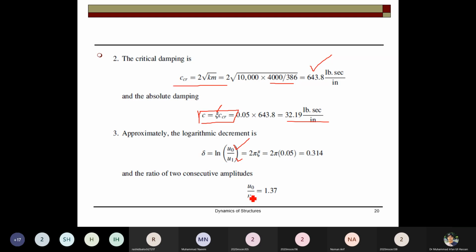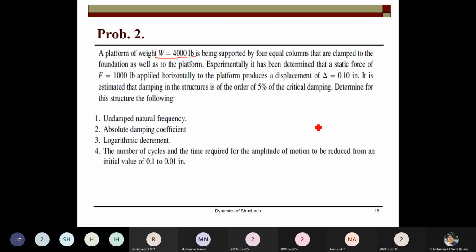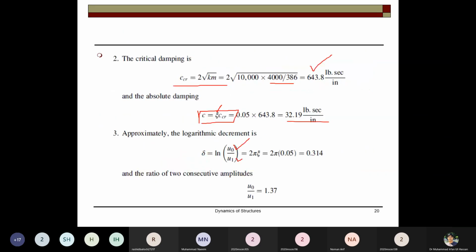So u0 over u1 can be determined, that is equal to 1.37. This is the ratio of the successive amplitudes, because it is given that we need the number of cycles and the time required for the amplitude of the motion to reduce from the initial value of 0.1 to 0.01 inches.